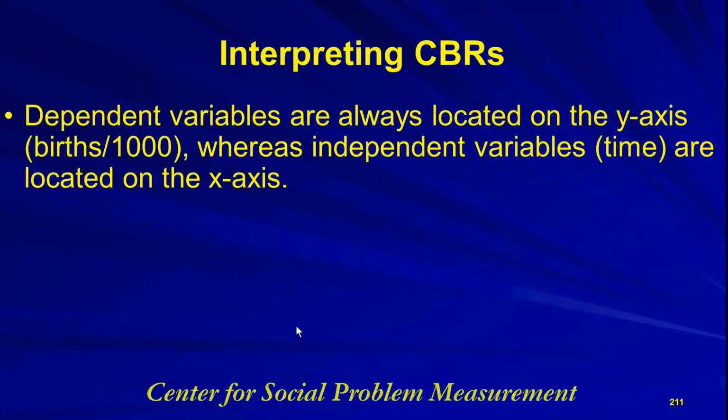I mentioned where the dependent variables are located on the last graph. It's running up the left side, and across the bottom is the independent variable, and that covers the x-axis. So if you talk about a y-axis, it's running up the left side. You're talking about x-axis, it's running across the bottom of the graph.